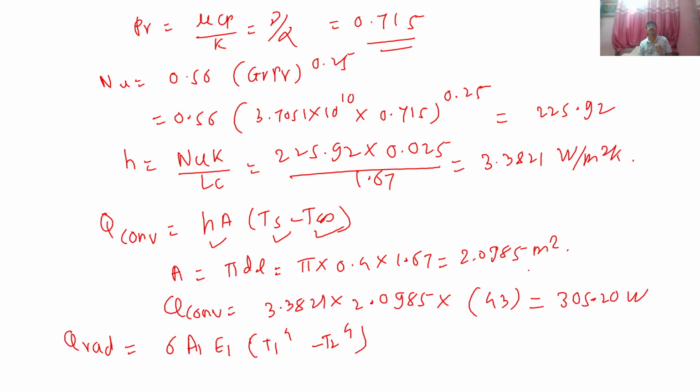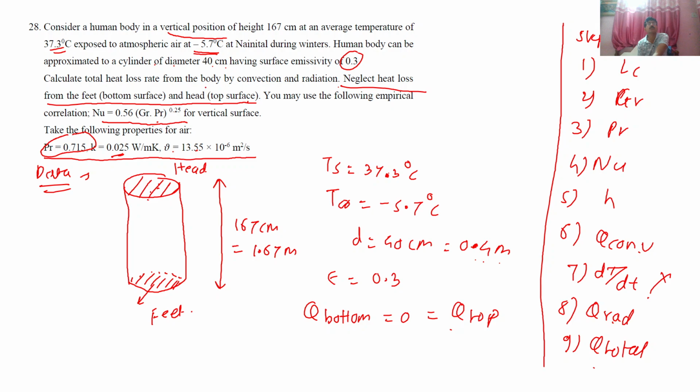But remember, in the formula of radiation, we need to use the temperatures only in Kelvin. That is only allowed. इसका रीजन मैं रेडिएशन चैप्टर में आपको दूंगा. अभी इतना ही याद रखो, जब भी हम रेडिएशन का फॉर्मूला यूज करेंगे, टेम्परेचर मस्ट बी इन केल्विन. So our first target is to convert to Kelvin. T1 is equal to the body temperature, source temperature, 37.3.